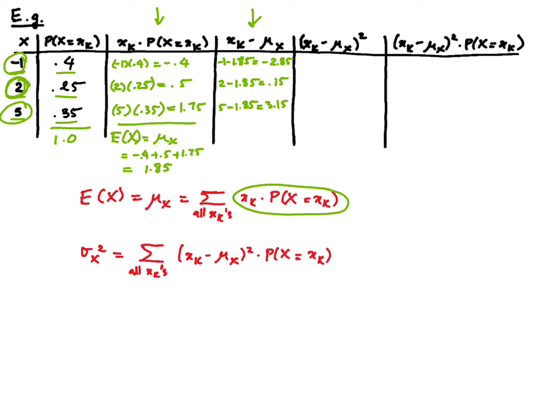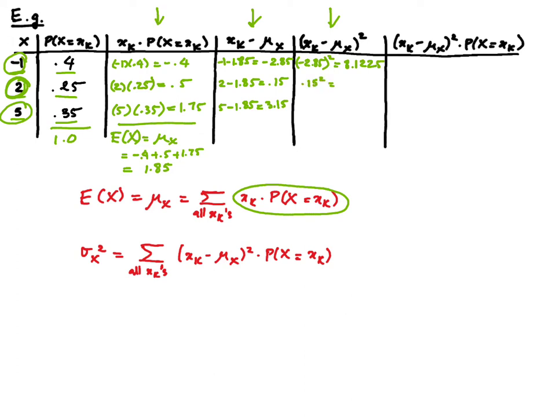Now in the next column, we have xk minus mu of x all squared. So in order to fill out this column, all we have to do is square whatever we got in the previous column. Right? So we're going to have -2.85 squared. That gives us 8.1225. Then we have 0.15 squared.